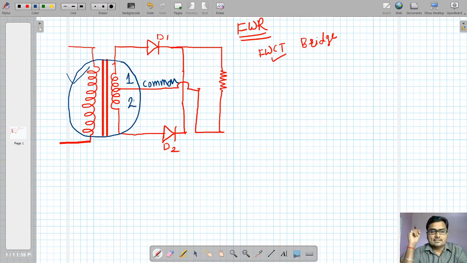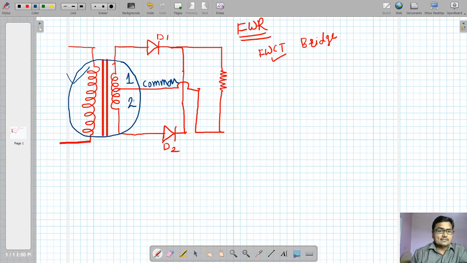This division is called center tapping. One tap we take as common, and we divide the secondary into two parts. That is what a center tap transformer is.